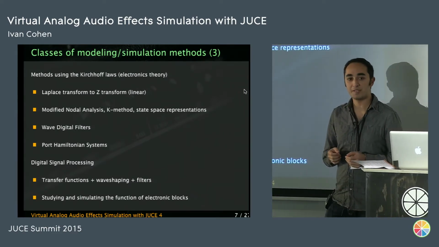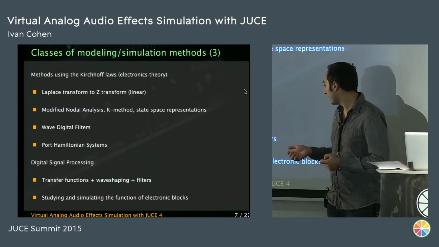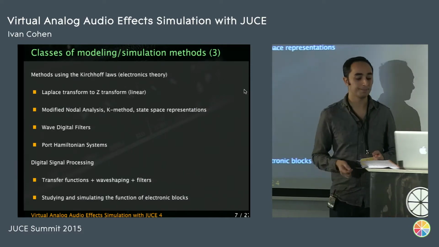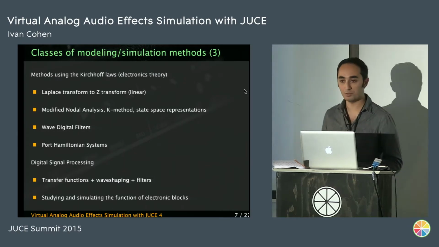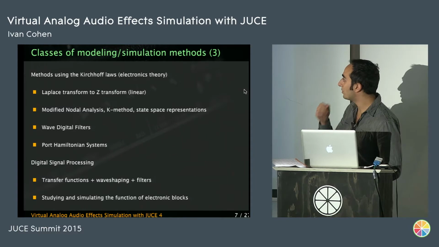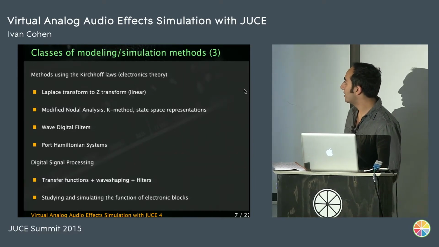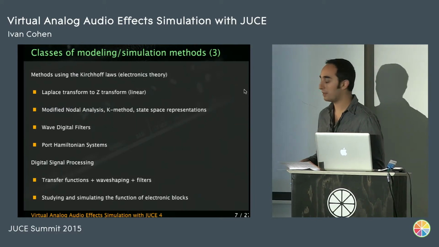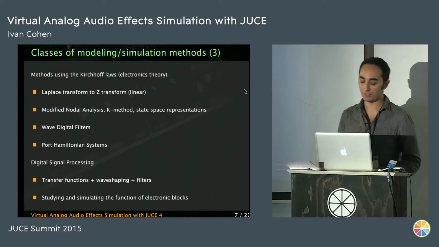We try to take each function achieved by the system, and we try to simulate it with a few basic operations. Or, if you want to do real physical modeling, you have all the methods using the Kirchhoff laws, which are basic electronics theory. And we are going to see in more detail what is called the K method and the state space representations.